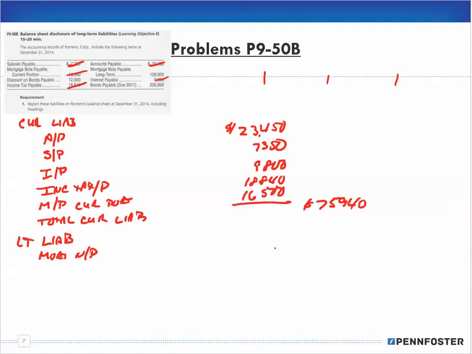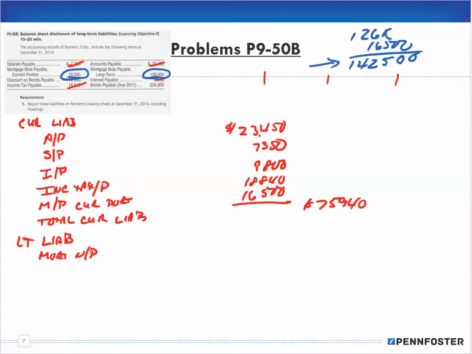The solution is kind of breaking out, let me erase this here, it's breaking out this current portion of 16,500 from this 126,000. Okay, so 126,000 and 16,500 gives me $142,500, right?